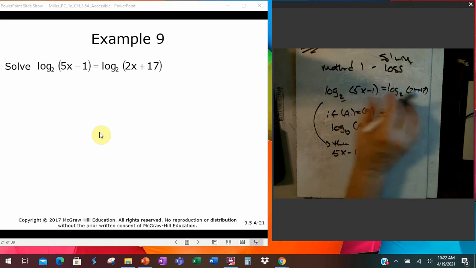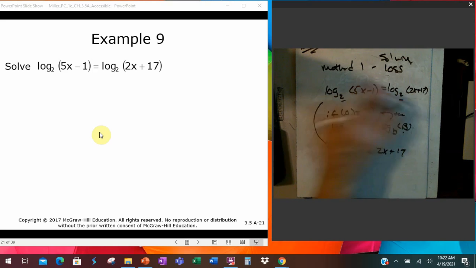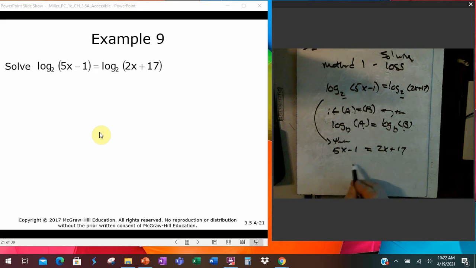If a log of something is equal to the log of something else, these must be equal. So I can remove the logs and just solve this. All the x's on one side, all the numbers on the other side, and then divide out whatever we've got.